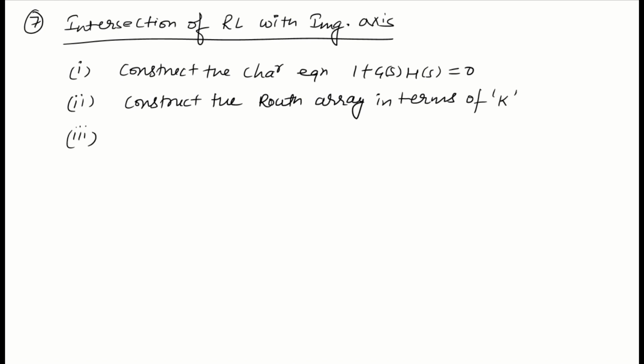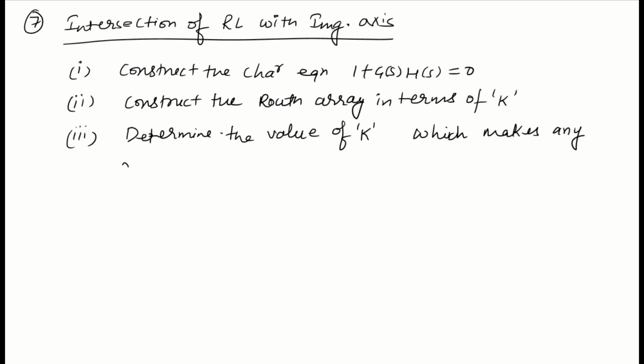In the third step, we will determine the value of k which makes any row of this Routh array equal to 0.